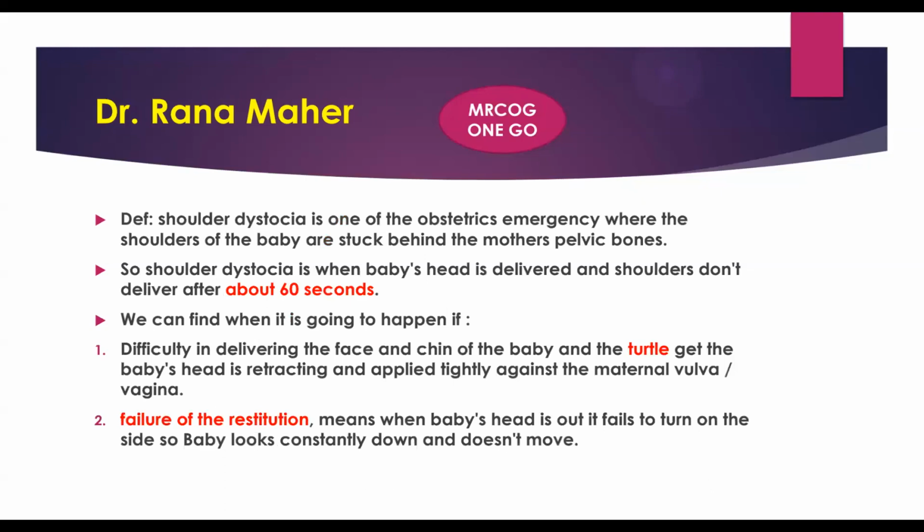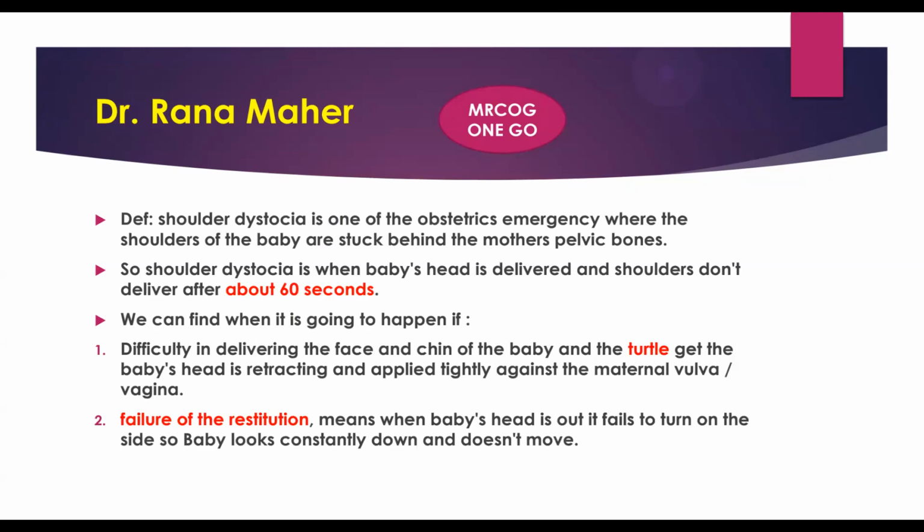Any station in the teaching or structured discussion for any topic, usually you have to start with the definition. So first of all, you need to define what is the meaning of shoulder dystocia. Shoulder dystocia is one of the obstetric emergencies, and it is when the baby's shoulders are stuck behind the mother's bone.